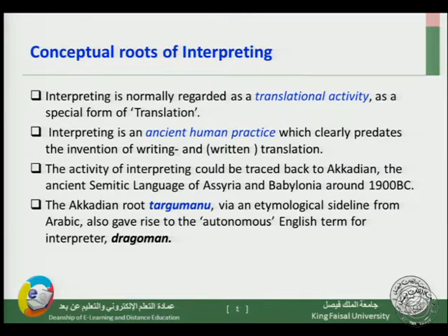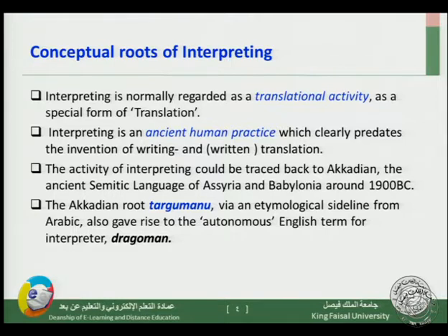So the Akkadian root, meaning the Akkadian origin of interpreting, you can see Targumanu. I mean, you can say Turjuman. Turjuman is an Arabic word, but it seems that originally it came from this word Targumanu.